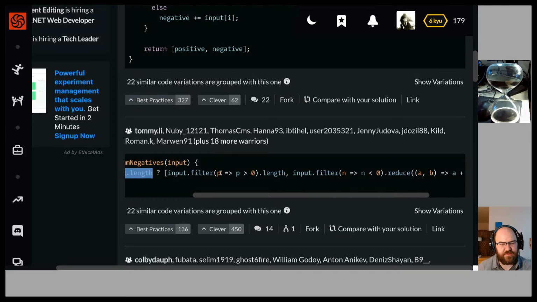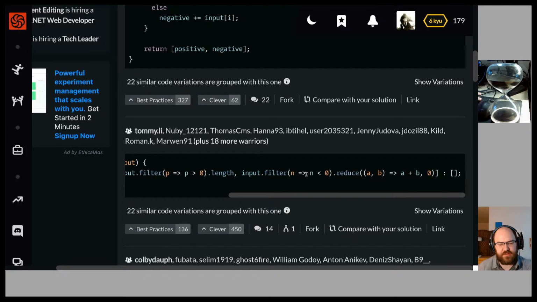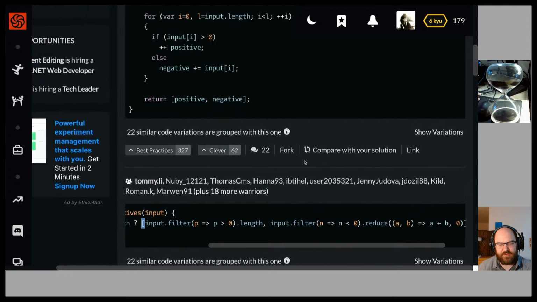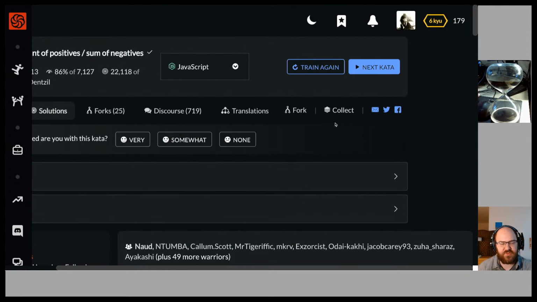Otherwise, we do input.filter p greater than 0, and those get placed on the first and second positions of an array. Cool.